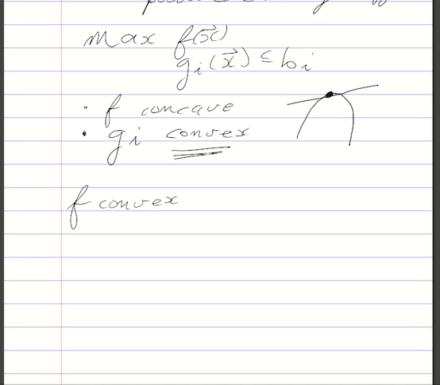A function will be convex if and only if it has continuous second order partial derivatives in all its variables, and the principal minors are all non-negative.